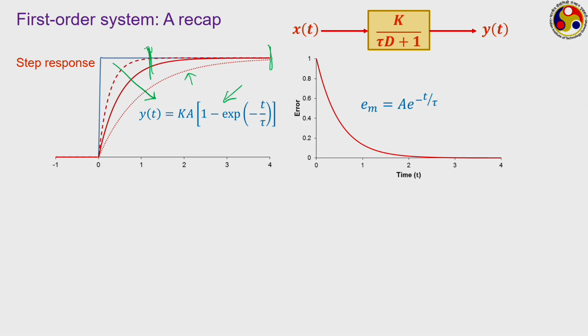And sometimes instead of plotting the curves this way, we often adopt a non-dimensional representation. In the non-dimensional representation, on the vertical axis we plot y as a function of time upon k a, so that it becomes non-dimensional, which we have also seen yesterday to represent the error.